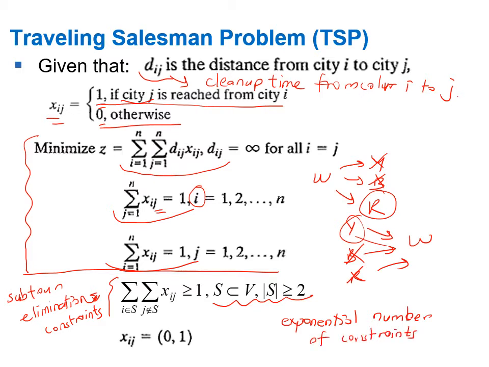When I say exponential number, last time we said that you will have 2 to the power n minus 1 constraints. Since n, the number of cities, appears as an exponent to 2, we call this an exponential number of constraints, and it means that writing all such constraints is very difficult.